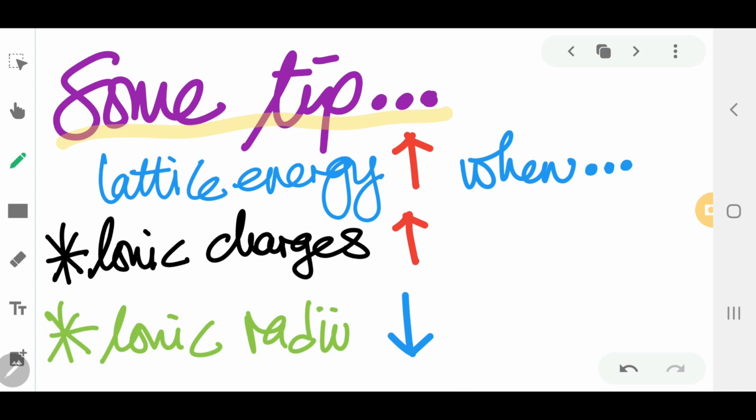So if you have a smaller ionic radius, you will have a greater and stronger lattice energy. Okay, so if you want lattice energy to be increased, you need to have bigger ionic charges, and you need to have smaller ionic radii. So this is some tip that you can try to remember.